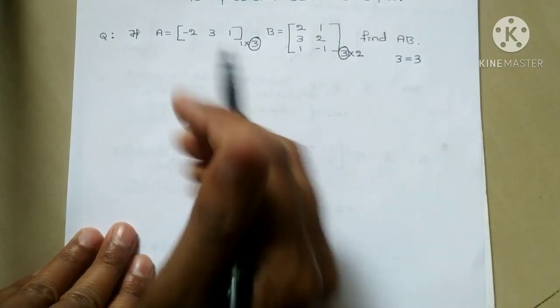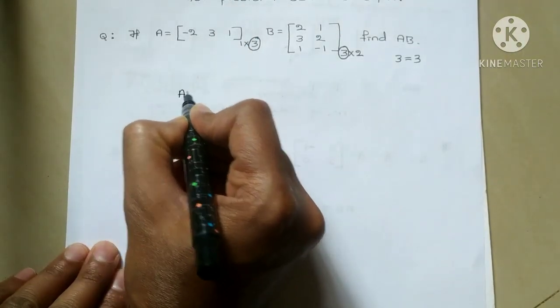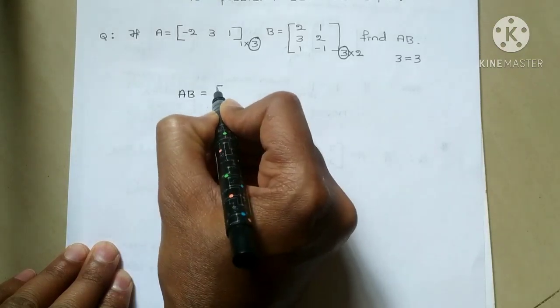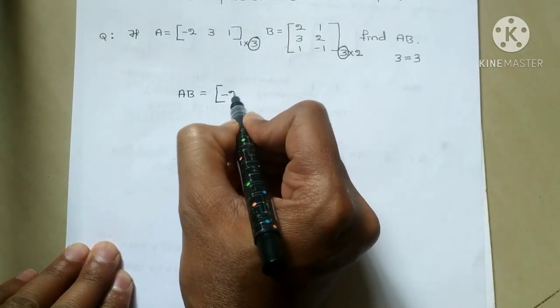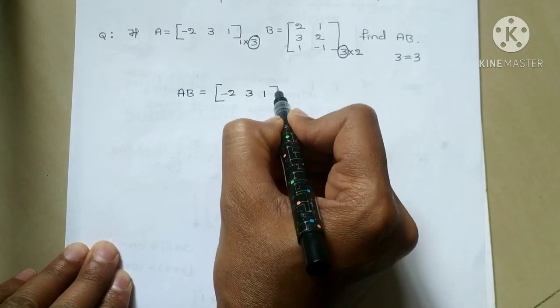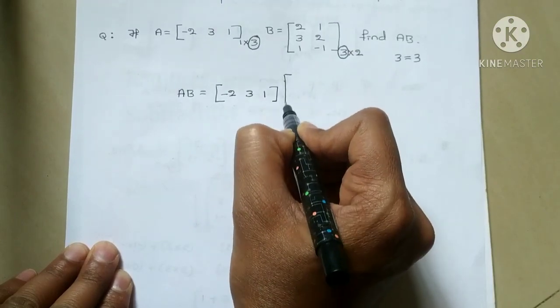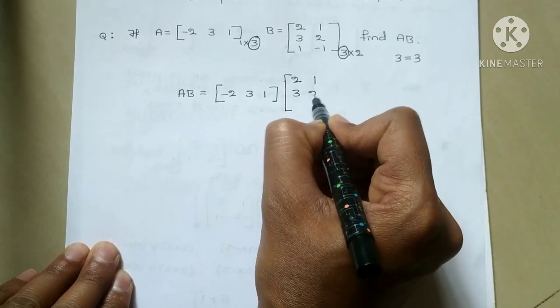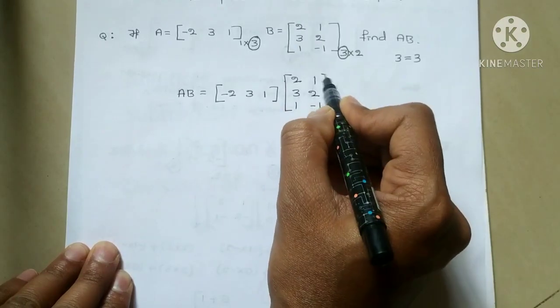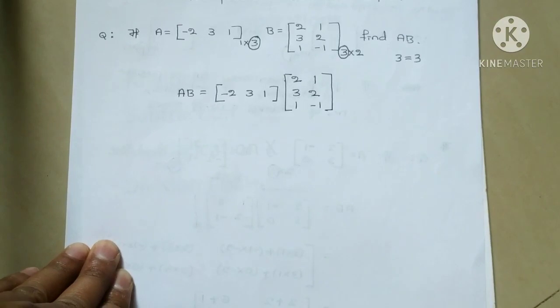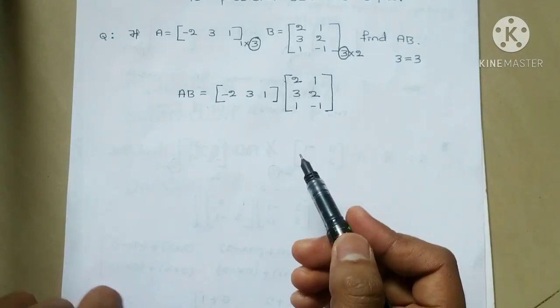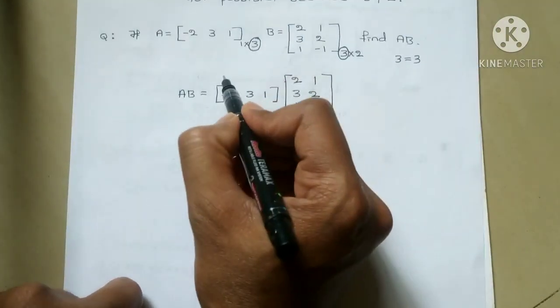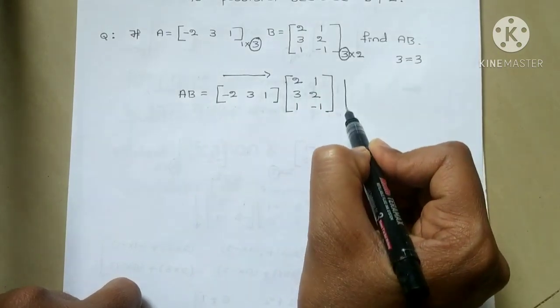So now do the matrix multiplication. A, B is equal to, first note down A, -2, 3, 1 into B matrix, 2, 1, 3, 2, 1, -1. So now you have to go with row with column.